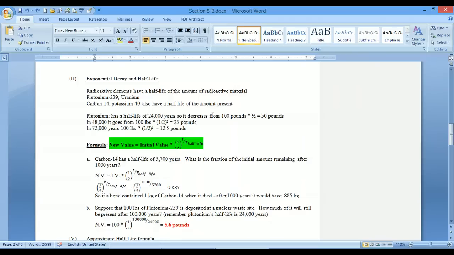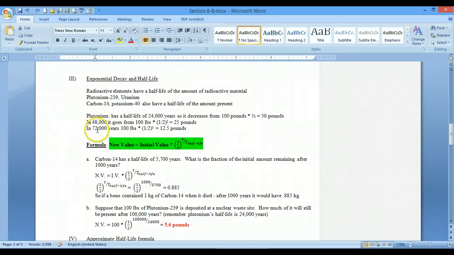Plutonium has a half-life of 24,000 years, and so if I were to decrease from 100 pounds after 24,000 years, it would be 50 pounds of plutonium left. In 48,000 years, it goes from 100 pounds times a half, times another half, or 1/2 squared, is 25 pounds.